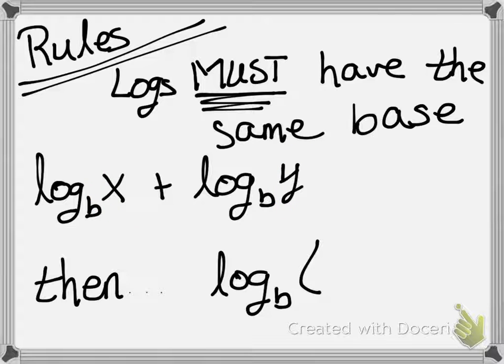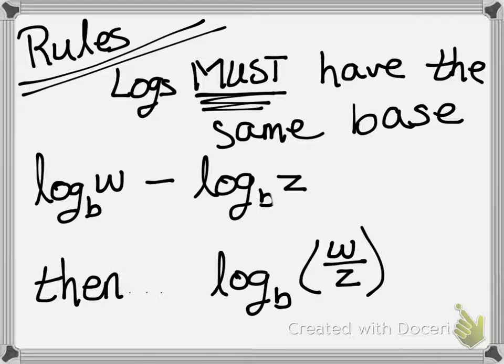Now, what happens if you don't add them, but instead we subtract them? I'm going to change it to w and z. If we subtract 2 logarithms with the same base, we still want to write it as one logarithm, combine it, but now we are going to divide those 2 things, w and z.